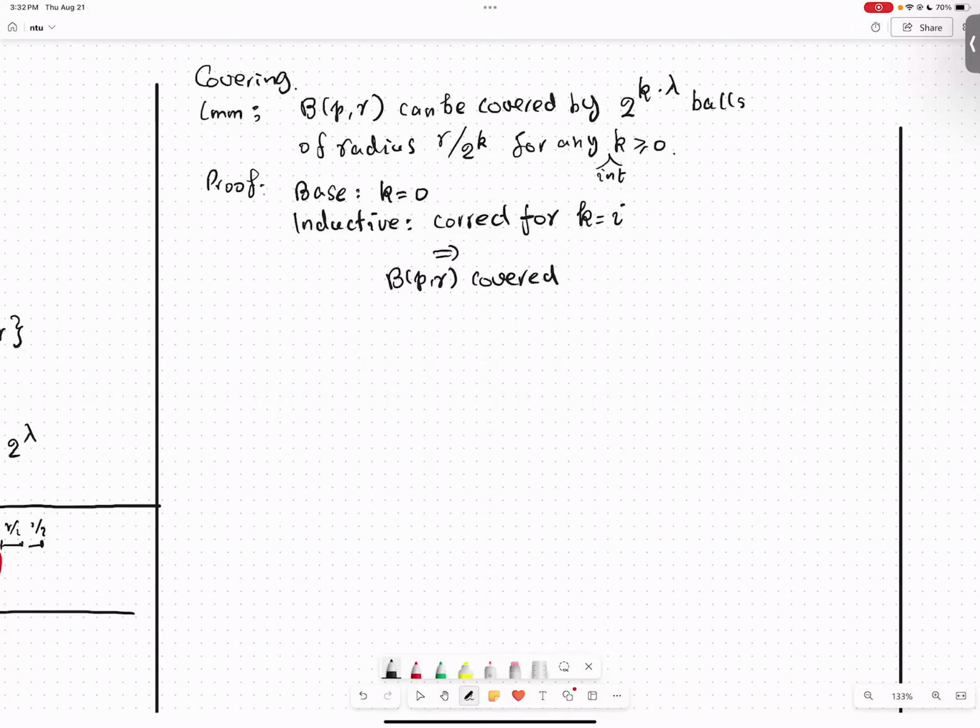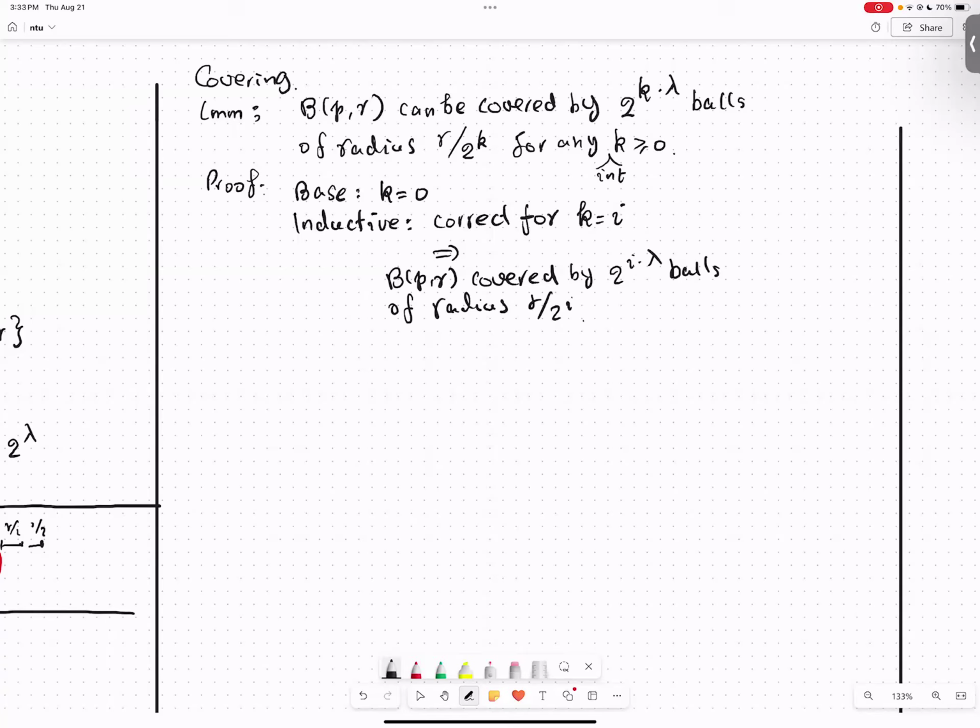Don't think about covering the shape, there's nothing about shapes here. It's about sets. B(p, r) is just a set, so it's a subset of some union. So B(p, r) is covered by 2 to the power of i times lambda balls of radius r over 2 to the i. That's from the inductive assumption. And then it's easy.